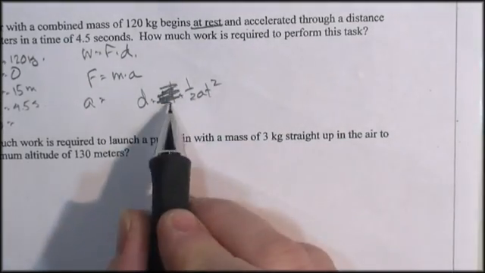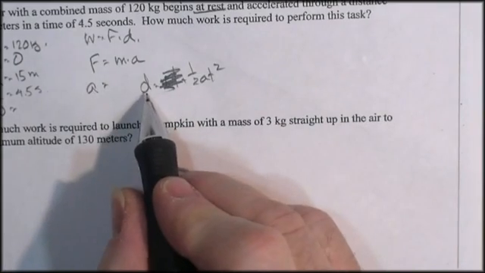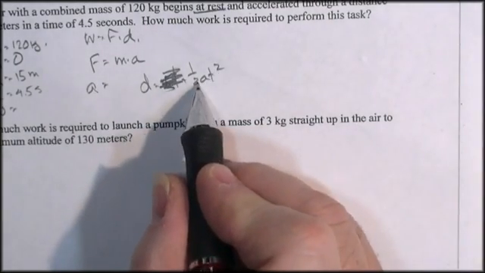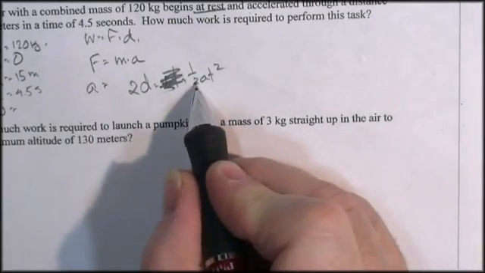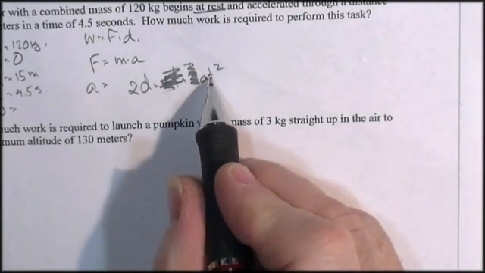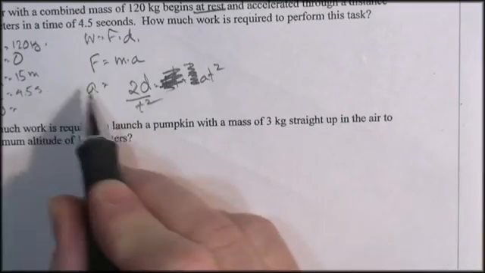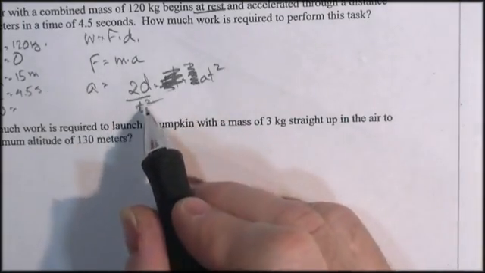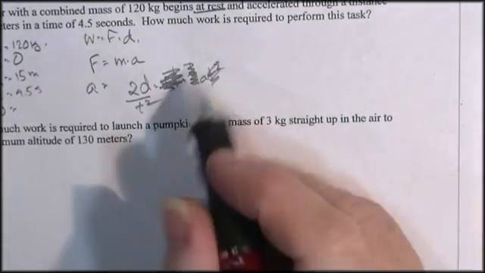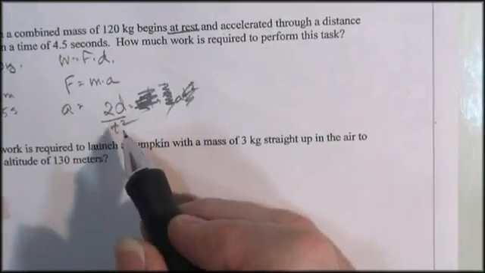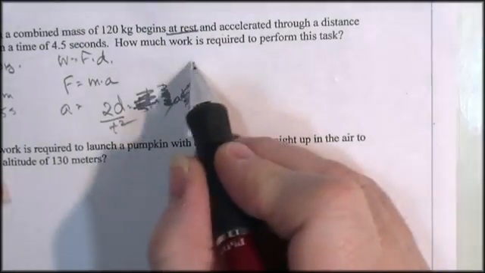So I do my algebra. Velocity initial is 0, so I get rid of it. Distance is 1/2 a t squared. Get rid of the 1/2 by multiplying both sides by 2. Now I've got a t squared, I want a by itself, so I divide both sides by t squared. I got a is equal to 2d over t squared. All right, that works. So now let's substitute that back in.